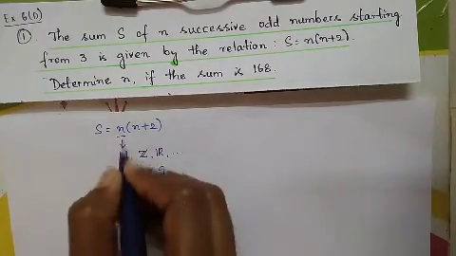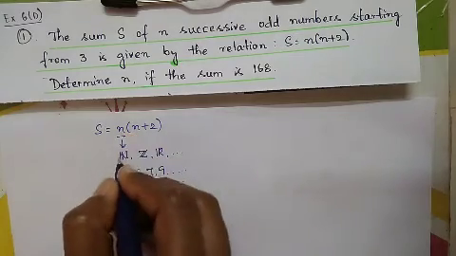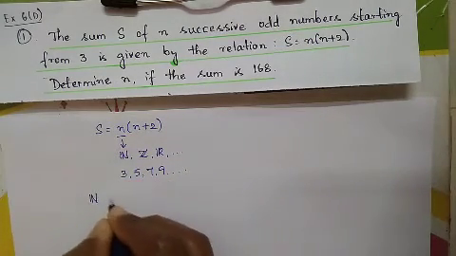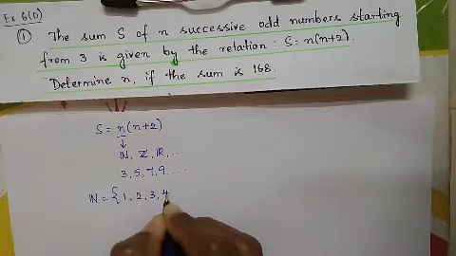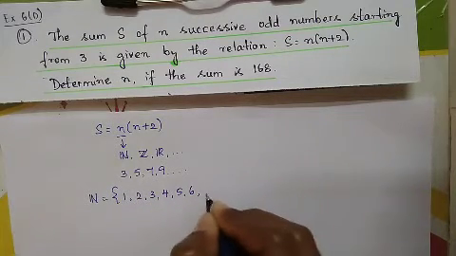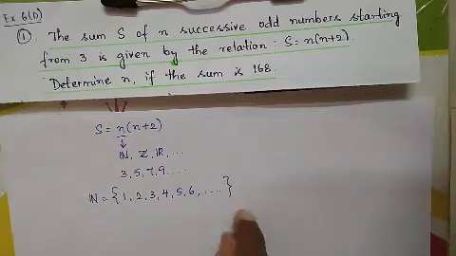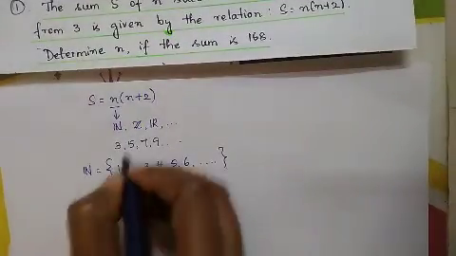So we have to convert this n into some other form in which I should get these numbers. Now if I take n from the set of natural numbers, the set of natural numbers contains the numbers 1, 2, 3, 4, 5, 6 and so on.